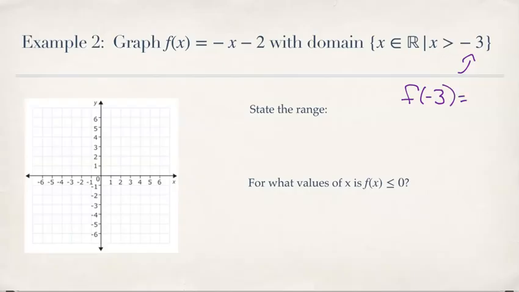Well, f of -3 is -3 minus 2, so +3, right? This turns to a +3 minus 2, which is 1. So at -3, my function value is 1. Okay, so I'm going to put a teeny little dot there, and then we're going to look at this a little bit further. Is x allowed to be -3?